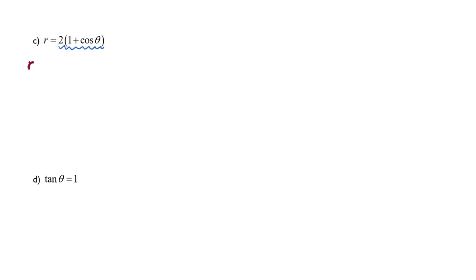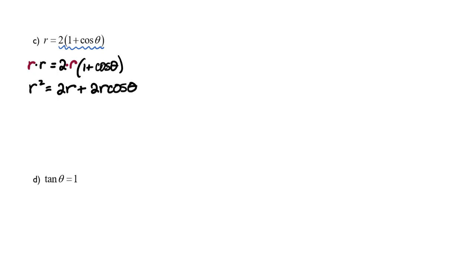This will give me r times r equals 2 times r times 1 plus cosine of theta. And then if I distribute, I will have r squared is equal to 2r plus 2r cosine theta.